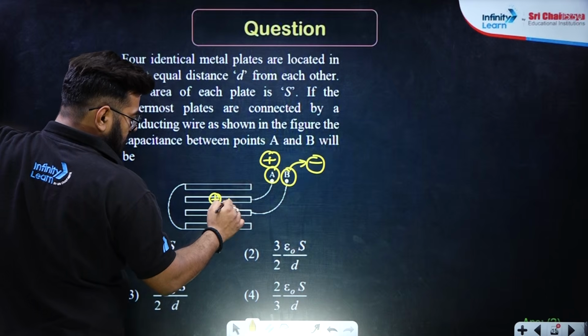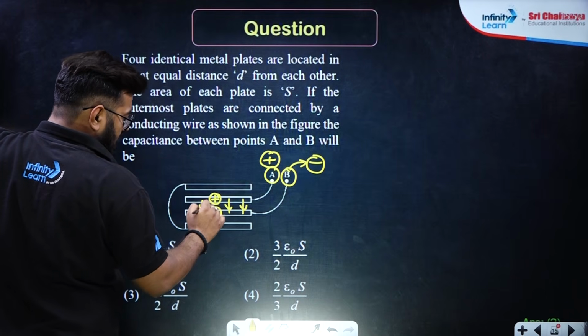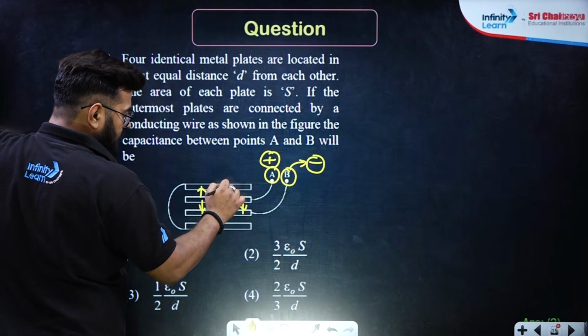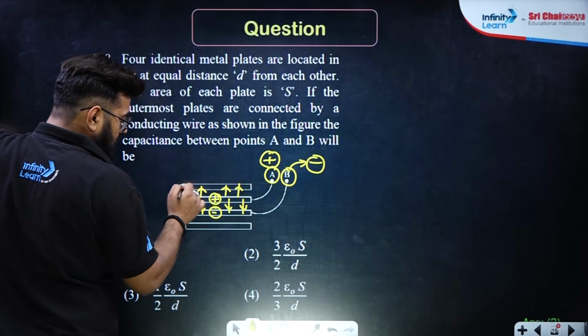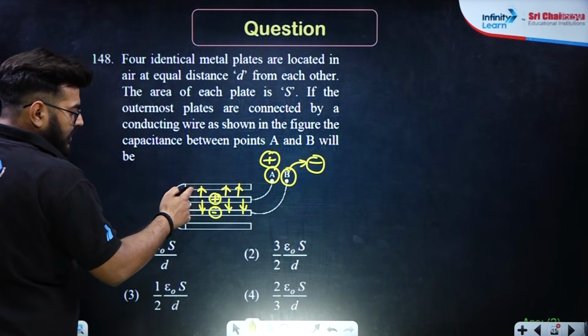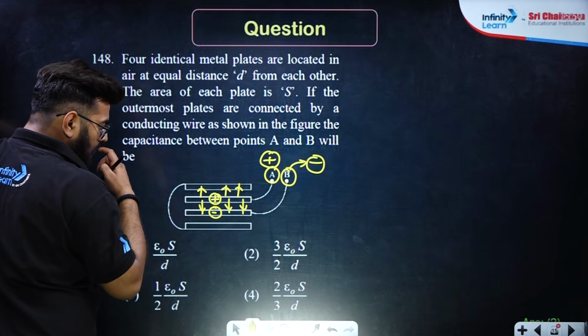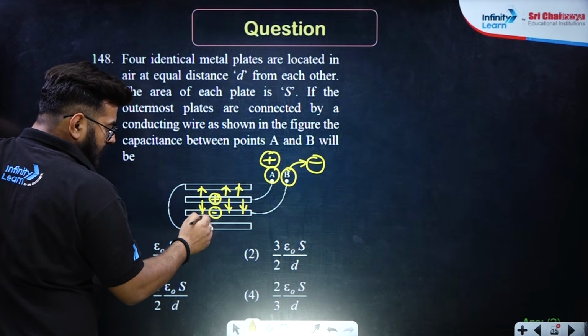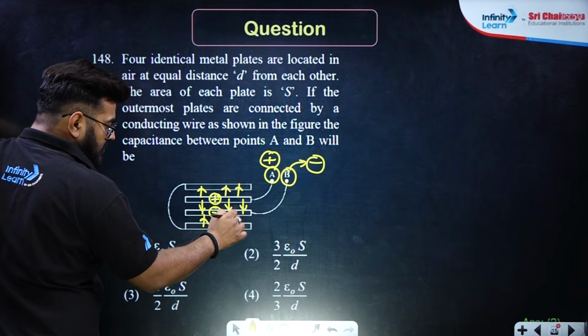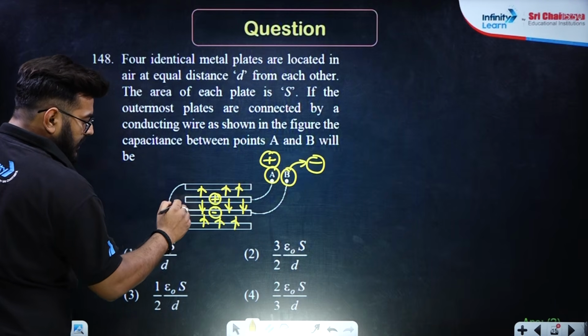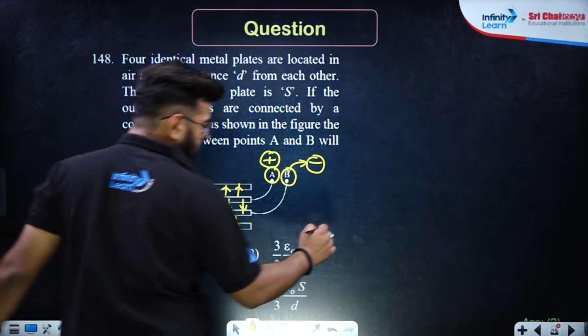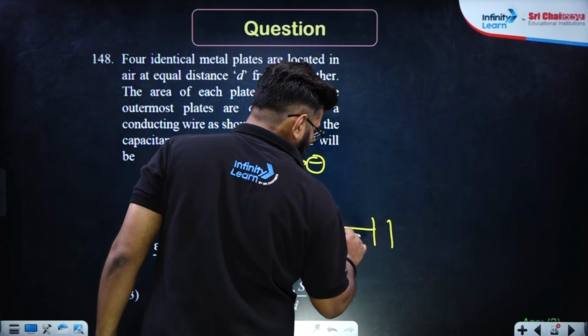Electric field lines will run from here, and they will run from here also to this plate, and this plate is connected to this plate. So the potential will be higher than negative but lower than positive. Therefore electric field lines are going to be in this manner. Correct? So there is one capacitor generated over here between positive and negative.